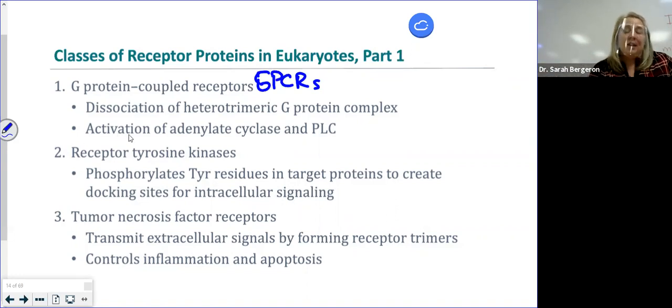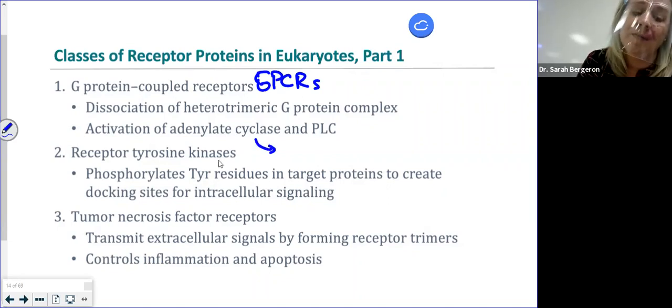And part of that, in that scheme of signal transduction, we are going to activate adenylate cyclase, which we said is what? In the pathway, adenylate cyclase will create our second messenger, right? Adenylate cyclase is going to make cyclic AMP, right?